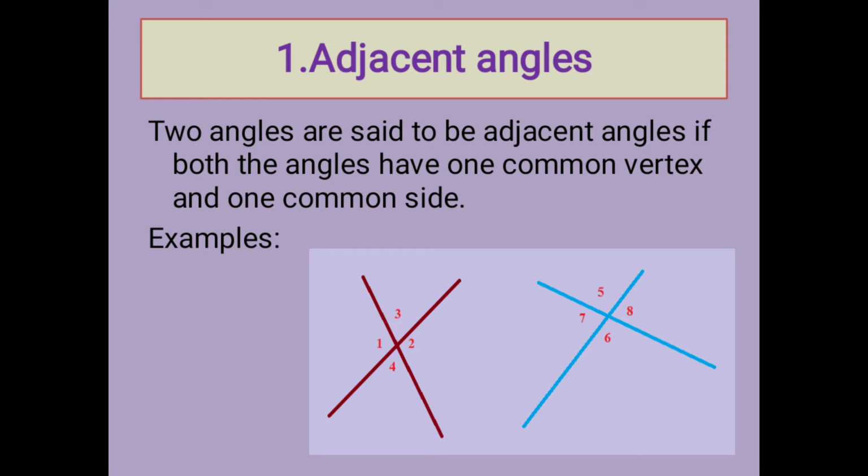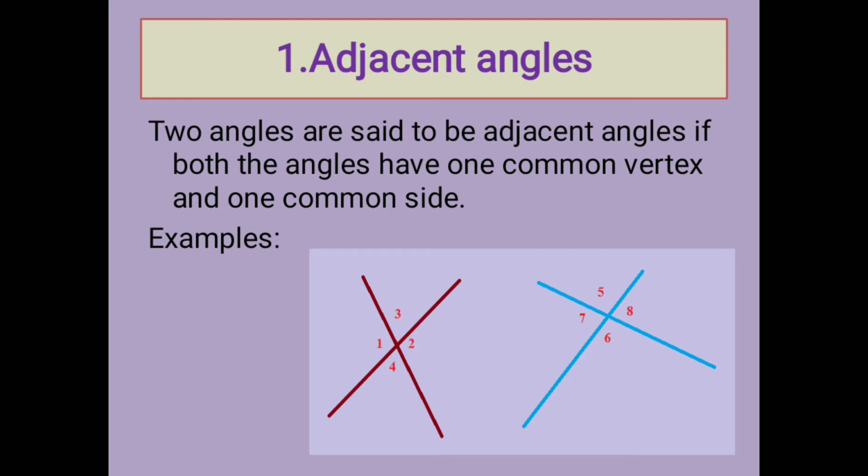Again, in the next figure, angles 5 and 7 are adjacent angles because they are neighboring angles. 5 and 8 are adjacent angles, 6 and 8, and finally 6 and 7 are also adjacent angles.